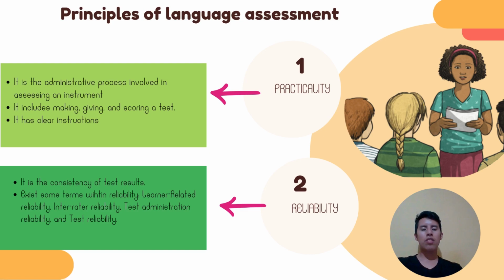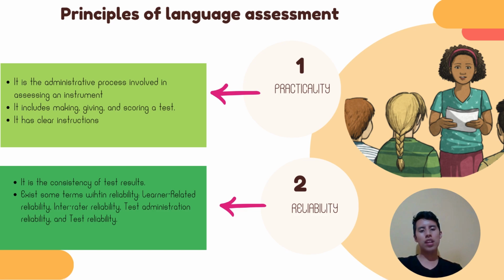We have the learner related reliability that occurs when the test taker suffers from physical or psychological factors. Also, we have the inter-rater reliability that happens when two or more scorers agree on the test results.